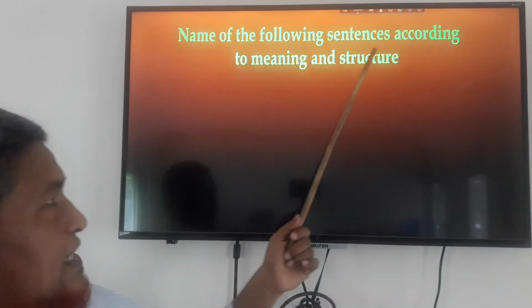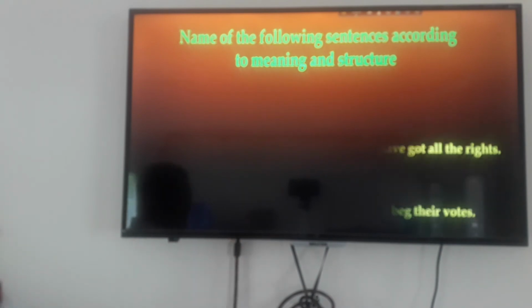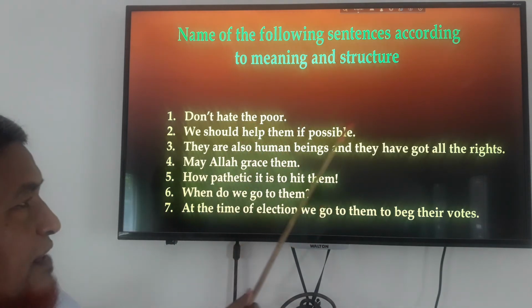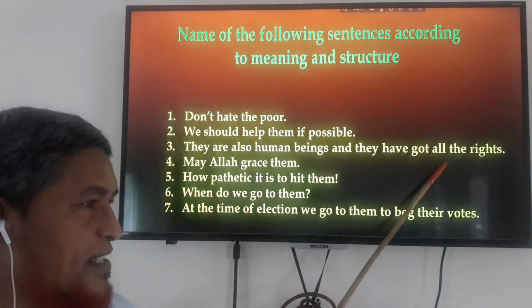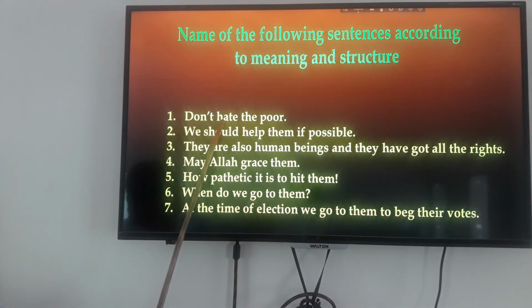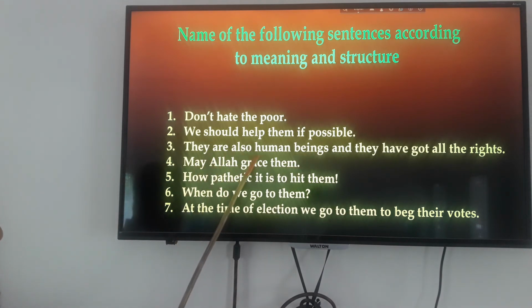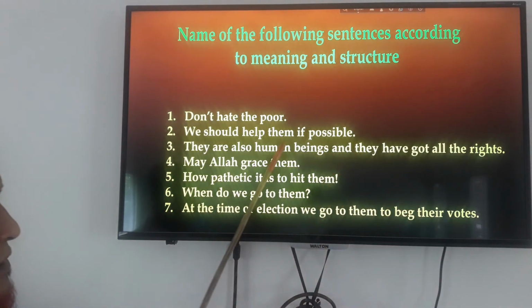Name the following sentences according to meaning and structure. I think it is your homework. You will write after the sentence what is the name of the sentence here. Don't hate the poor. We should help them if possible. They are also human beings and they have got all the rights.